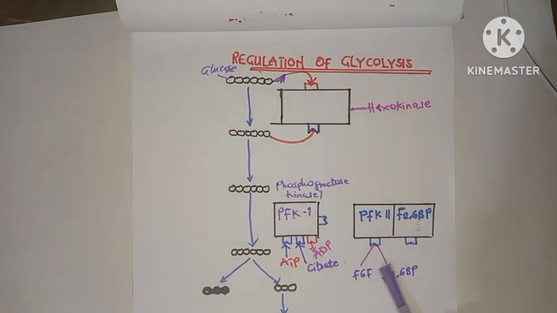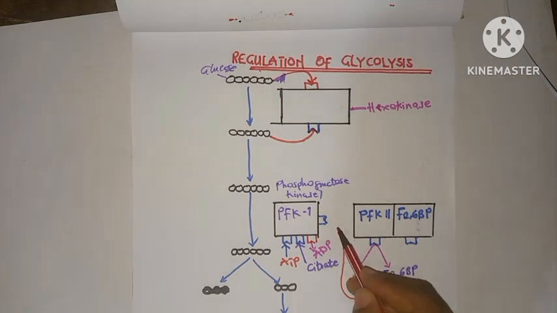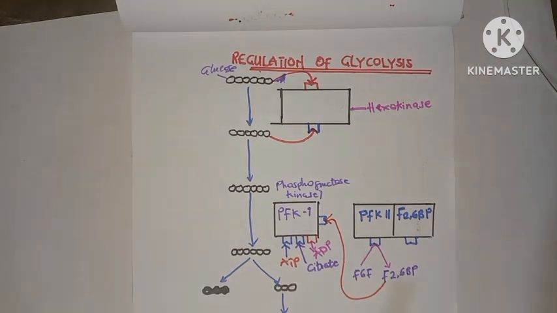And this fructose 2,6 bisphosphate can bind to phosphofructose kinase 1 and stimulate it to make it active, so that it can convert more fructose 6 phosphate into fructose 1,6 bisphosphate, which will lead to more ATP.